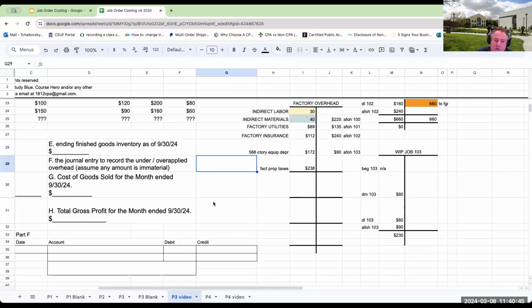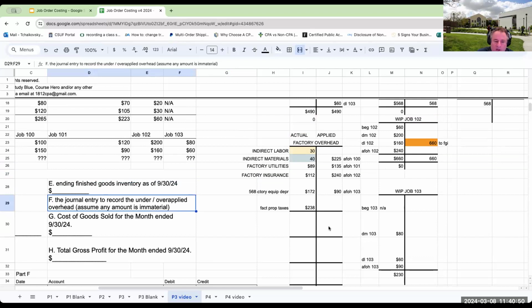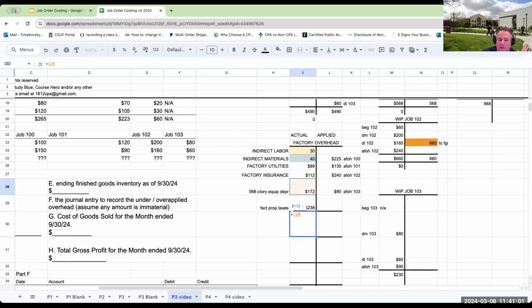Now, the next question over here is the journal entry to record the under or over applied factory overhead. So as we look at this particular question, what exactly does this mean? Well, my actual factory overhead during the period was 681. The amount of my applied factory overhead was 690.